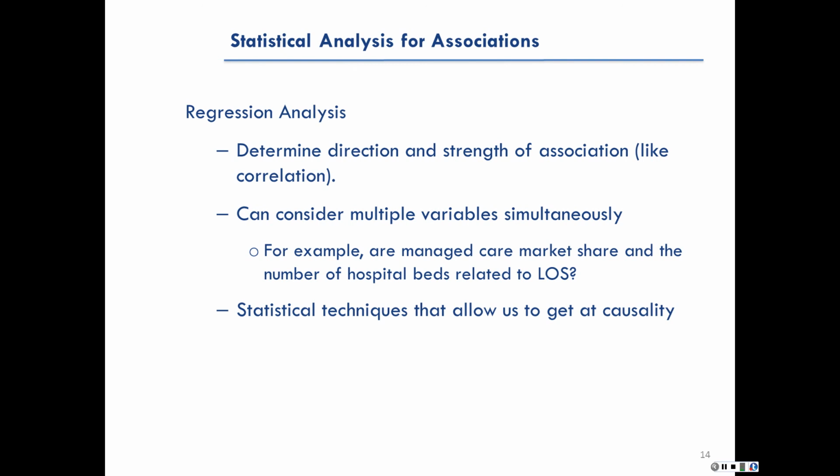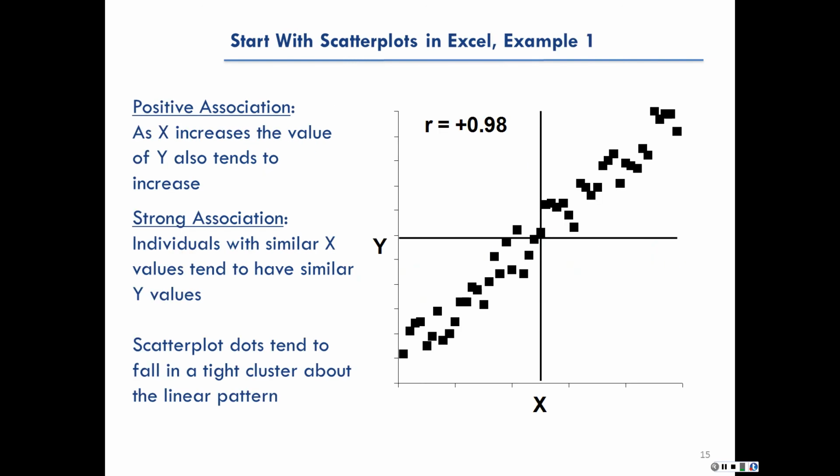Length of stay would be our dependent variable, and managed care market share and number of hospital beds could both be our independent variables, and we could add more variables as we'll discuss later. In addition, regression analysis provides us with additional statistical techniques that allow us to get at cause-effect relationships. Okay, so now back to correlation.